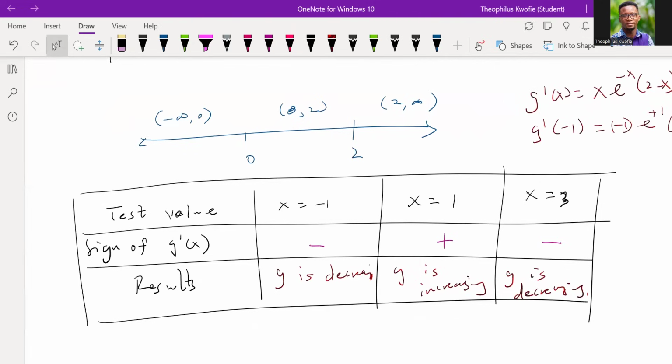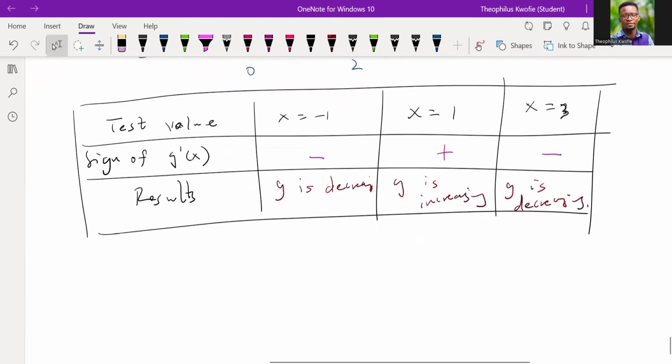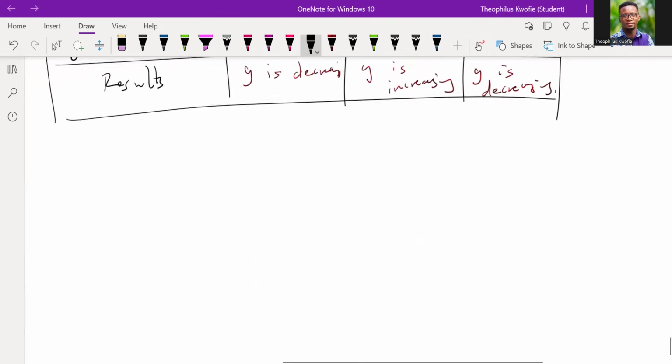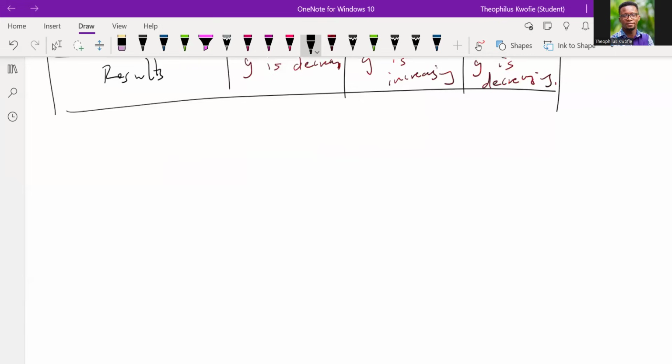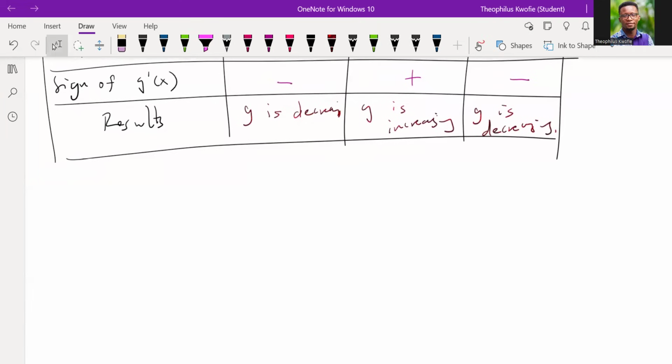Now that we know that, we can confidently see something interesting as far as the graph of the function is concerned. We see that it is decreasing, then it increases and comes down. So it's almost as if the graph of the function will behave like this.